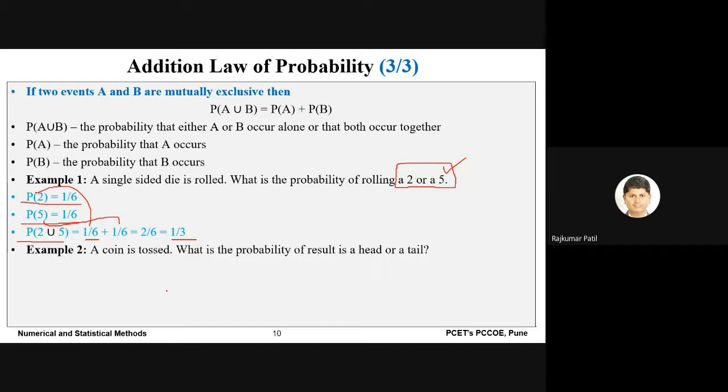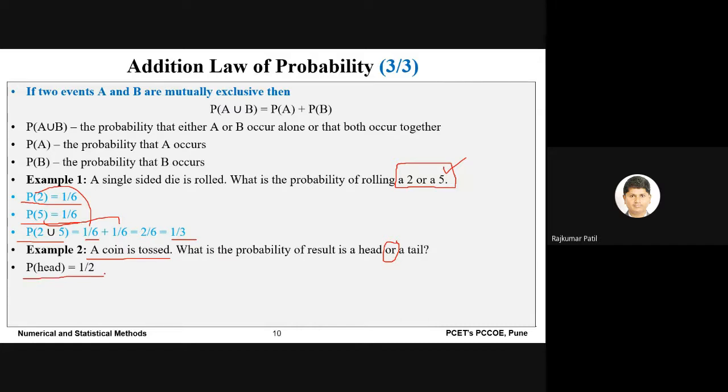Let's take another example. A coin is tossed. What is the probability that the result is a head or a tail? We know that the coin has two faces, one face a head and the other a tail. Here we are interested in the probability where the "or" event is there. First, we calculate the probability of getting a head.